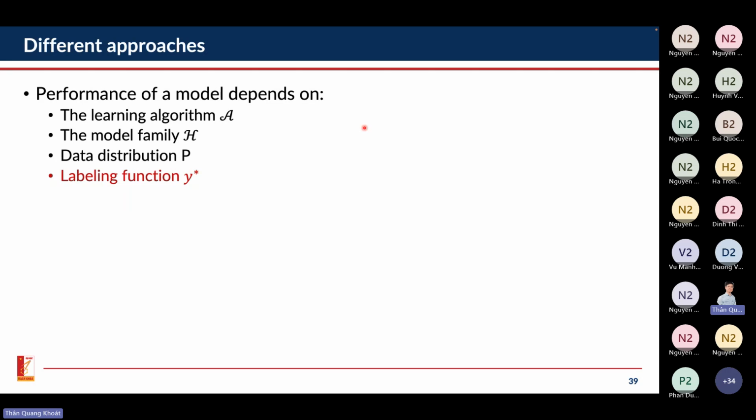And up to now, there are many different approaches. For example, we focus on the learning algorithm, but sometimes we can focus on the model family, the special properties of the model family, and then we base on that to analyze the generalization error. And sometimes we can focus on some specific property of the data distribution or the true labeling function, for example. If we know some property, we use that to help us analyze the error.